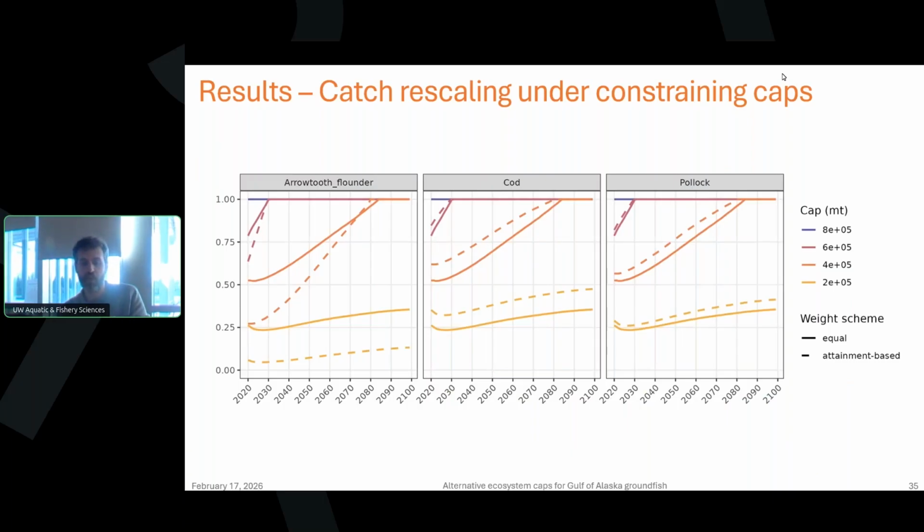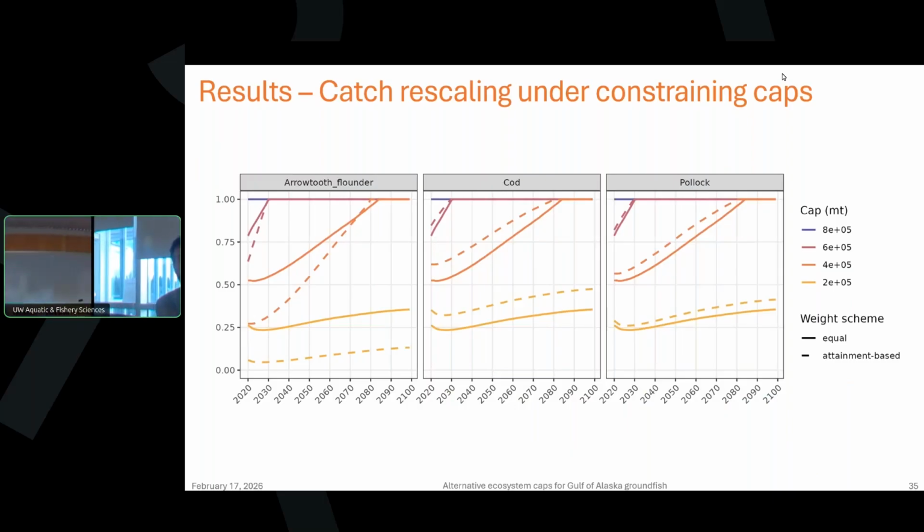What happens here is that you run into spaces where you can't zero out the catch of the stock, because this is a multi-species fishery, so there's going to be bycatch. The model does not explicitly account for technical interactions, so interactions between the fleet. There are no fleets in here, it's just an F per stock essentially. So you have to be careful that you don't rescale the catch of stocks that you deem to be low value too badly, such that they choke a fishery in some way. So there still has to be some allocation.